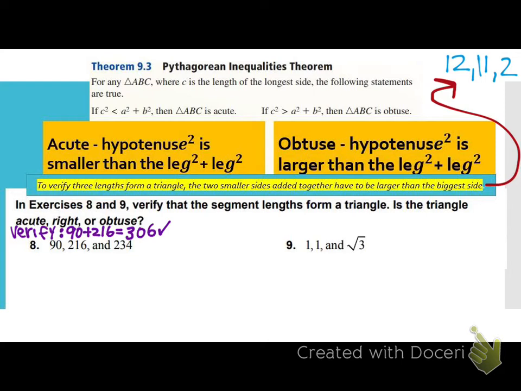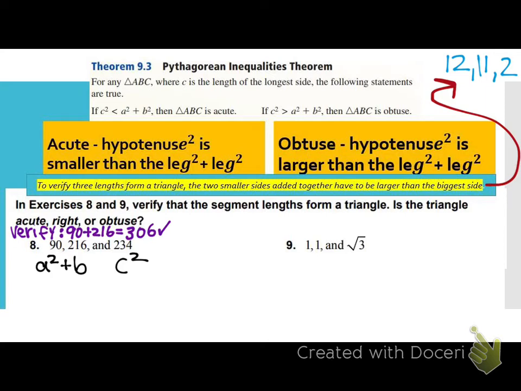Now we decide what kind of triangle using the Pythagorean Theorem. A squared plus b squared equals c squared. In the past, I used to write a blank here instead of an equal sign because we don't know if it's equal to, less than, or greater than. But then students don't remember the actual property.